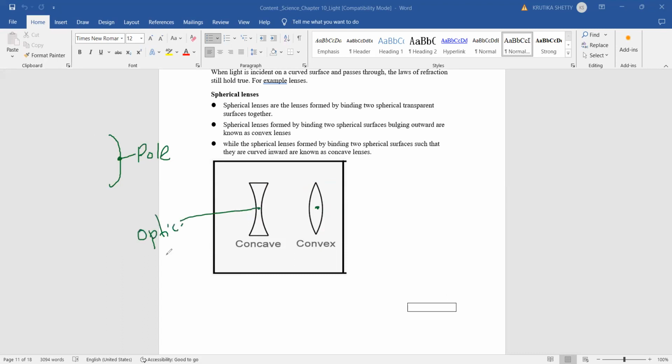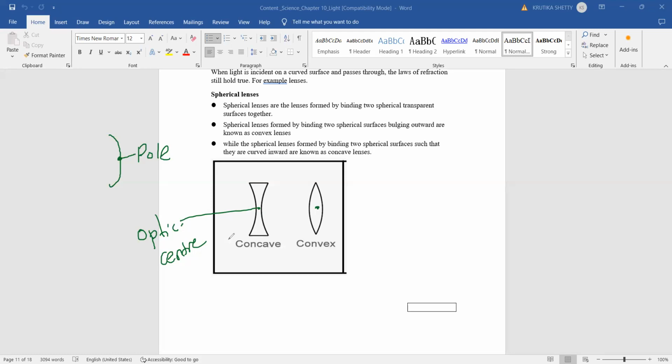Optic center is defined as the geometrical center of the curved lens.